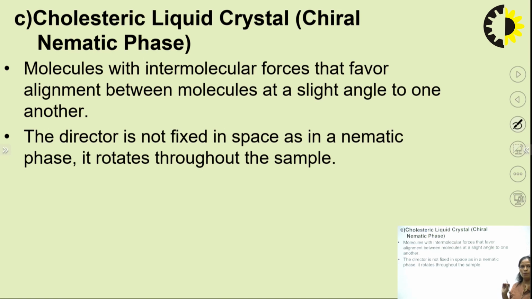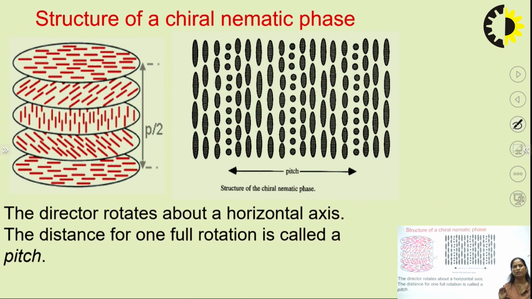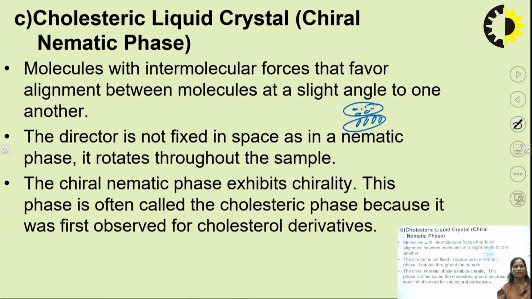In this type of crystal, in each layer, the director is not fixed. The second layer has another director. It means the theta angle is different. The director is not fixed. The chiral nematic phase actually exhibits chirality. That's why this is also known as chiral nematic phase.